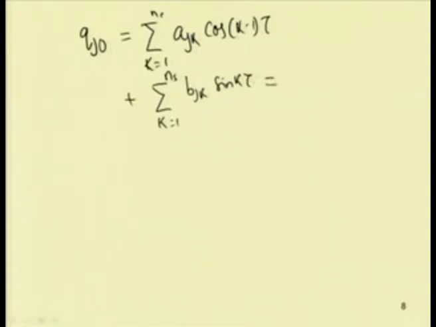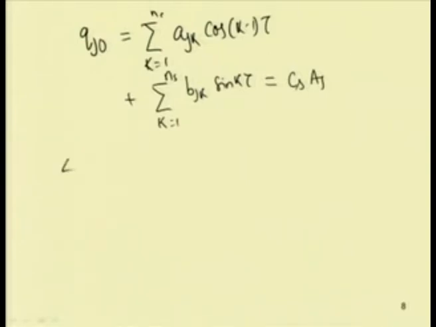This can be written in matrix form also, using C s into A j, where A j are the Fourier coefficients. So, q j 0 can be written in this form.